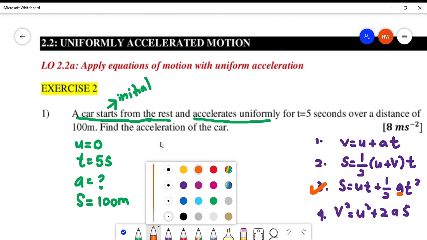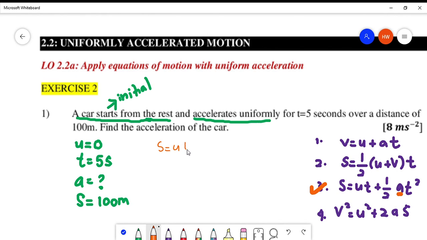Right, so the third one is S equals to UT plus half AT square. Okay, S equals to 100, U is 0. Okay, so bila 0, saya tulis dulu lah. Biasa saya potong terus je, tapi tak apa. First problem kan. So A kita nak cari, T5 square.